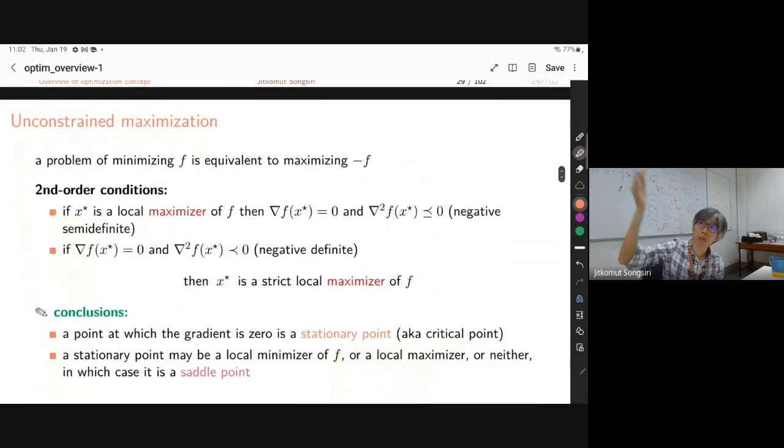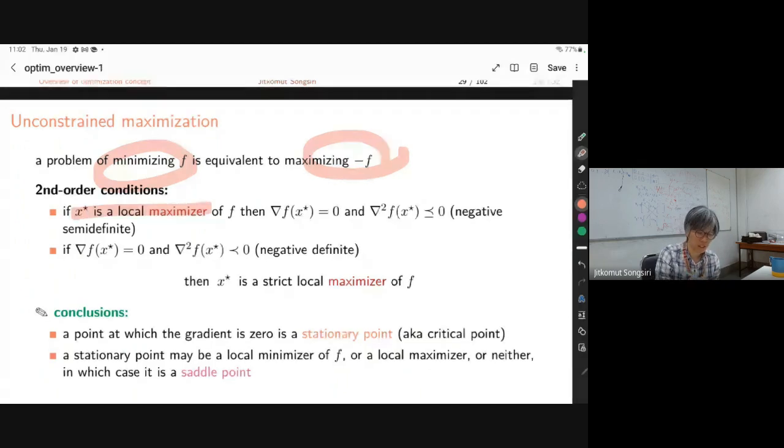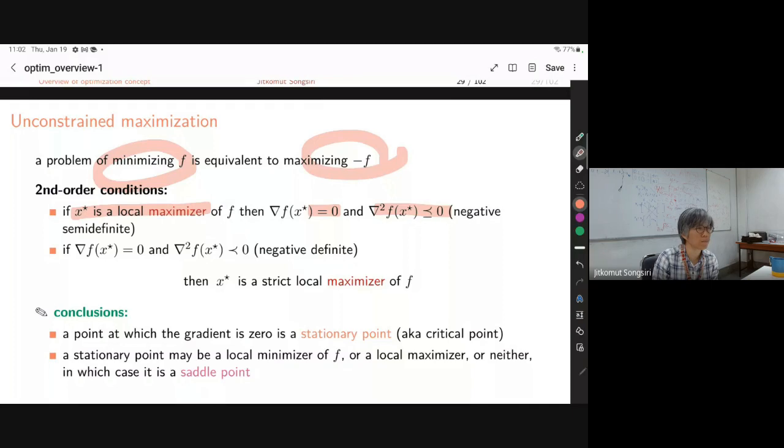Now, with that conclusion, you can say the same message for the unconstrained maximization problem as well, because we know that minimizing f is maximizing minus f. So for the second order necessary conditions, if x star is a local maximizer, then it must have zero gradient and the Hessian must be negative semi-definite.